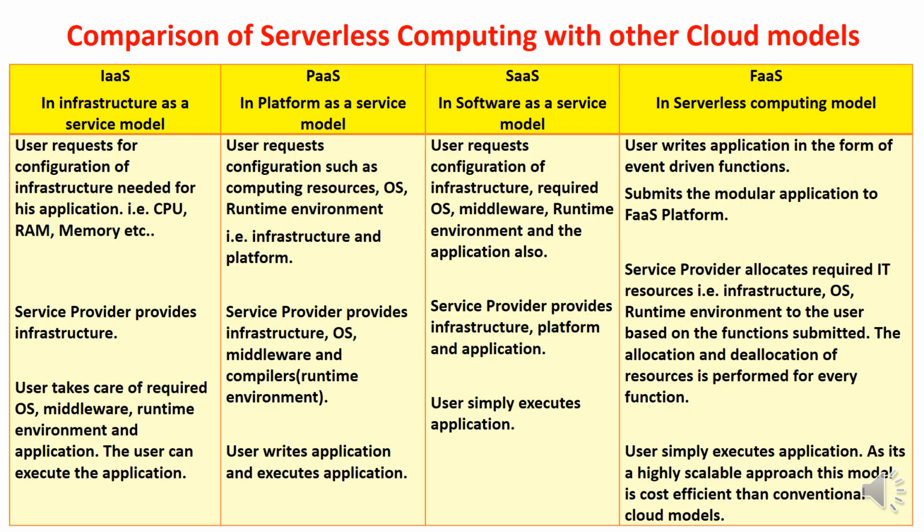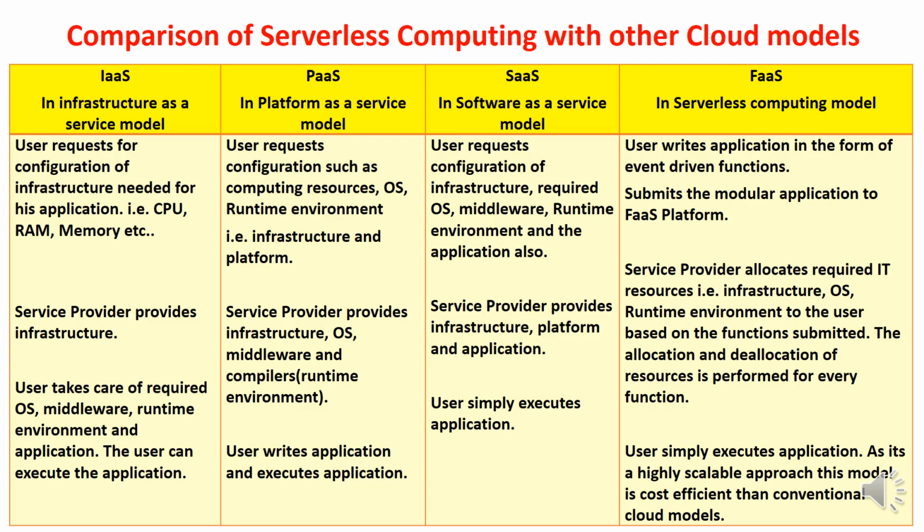Comparison of serverless computing with other cloud models. In general, cloud computing offers the following services: infrastructure as a service, platform as a service, and software as a service. Let me compare the way of allocation of IT resources in serverless computing with these other cloud computing services. First, let us discuss the allocation of IT resources in infrastructure as a service.